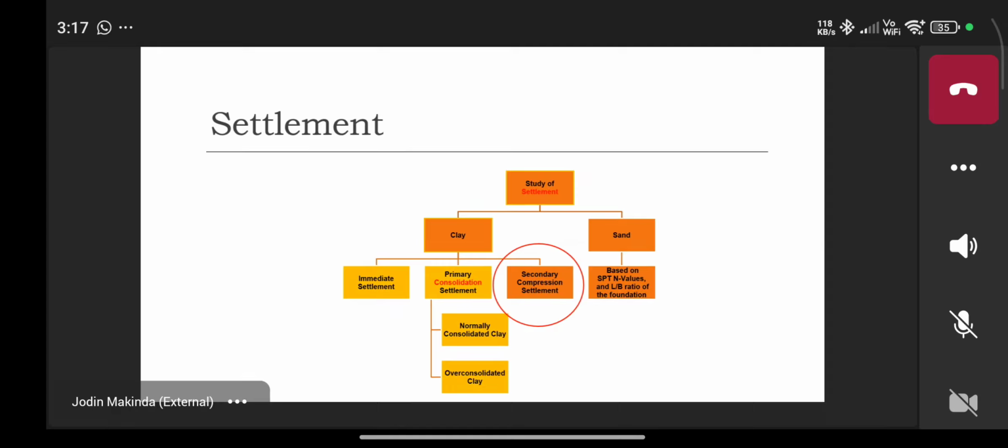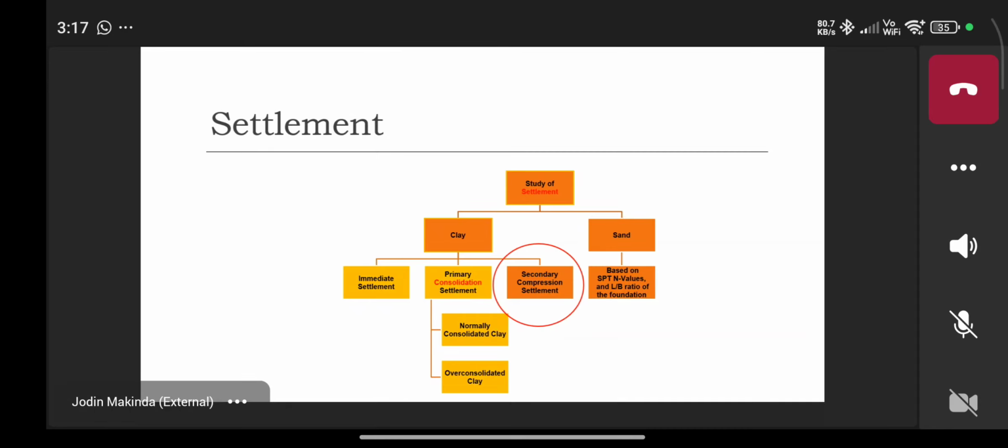Immediate settlement is when the air is removed out of the soil layer. Primary consolidation is when the water is removed out of the soil layer. Meanwhile, secondary compression is when the grain particles are rearranged.